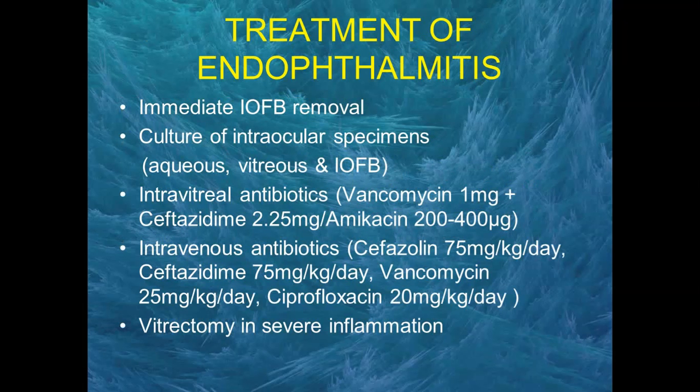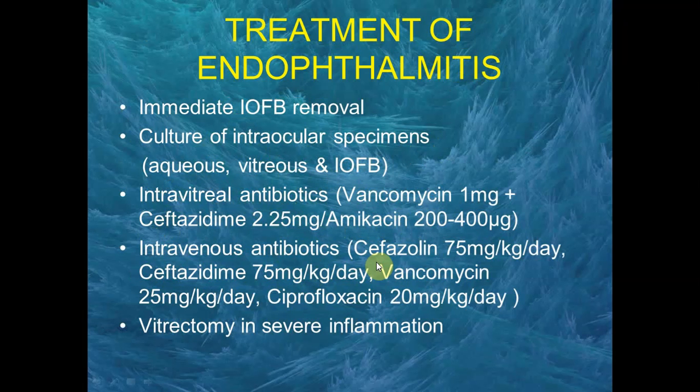So how do we treat endophthalmitis? It is very important to diagnose early and treat early. The more we delay, the lesser the chances of visual improvement in these patients. So it is very important to immediately remove the intraocular foreign body, and we need to send a culture of the intraocular specimens like aqueous, vitreous, and also the foreign body itself. We need to start the patient on intravitreal antibiotics like vancomycin with ceftazidime or amikacin.